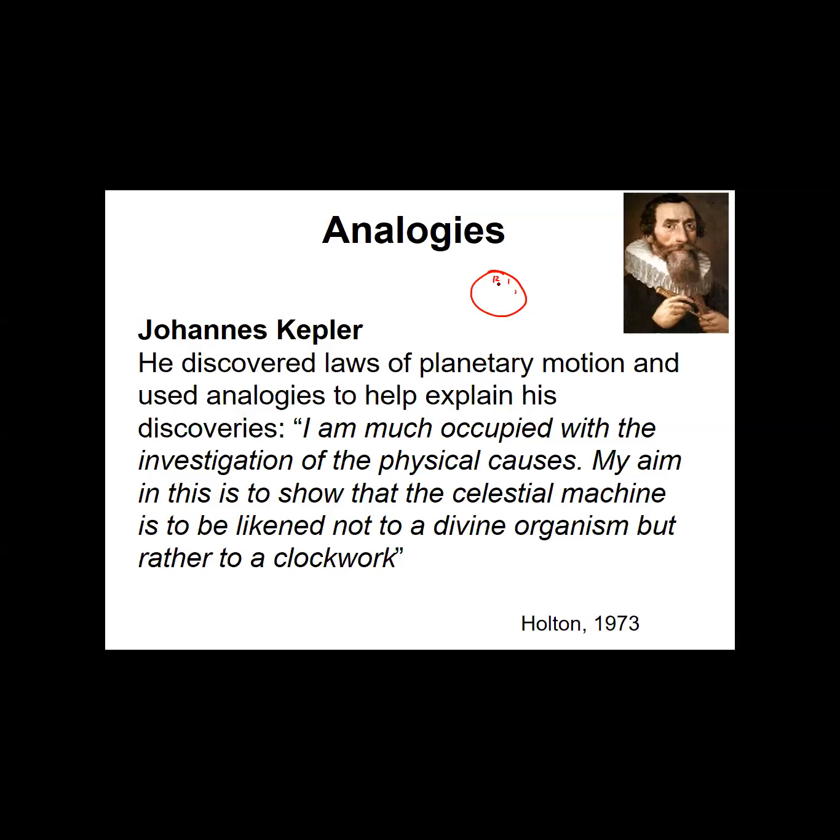So the way that he tried to introduce the planetary motion is, it's just like the hands that we have here. Those are the planets that go around the orbits. Okay, so that's how Johannes Kepler described the planetary motion.